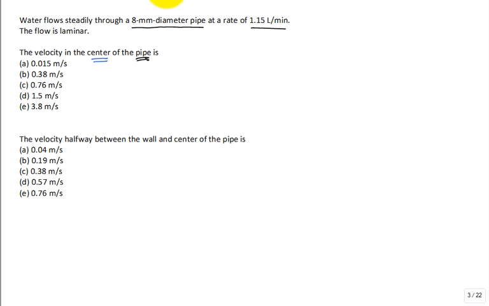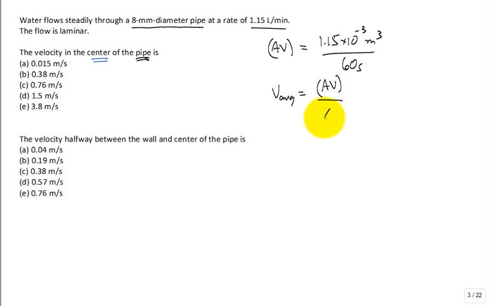All right, let's do this. What's the relationship between, this is AV is given, right? It's 1.15 times 10 to the minus 3 meters cubed per 60 seconds. That's the volumetric flow rate. And if I wanted V average, I would take the volumetric flow rate and divide by the area.